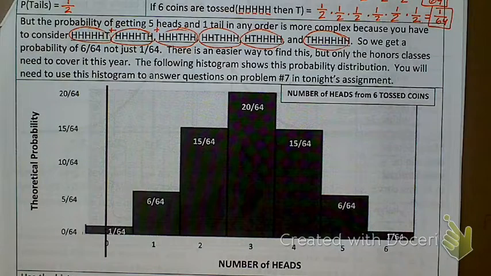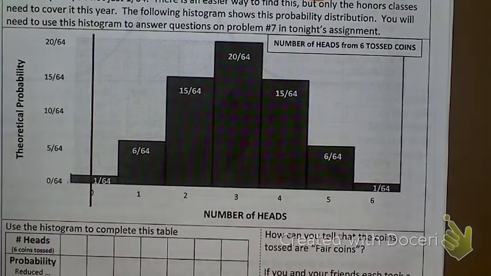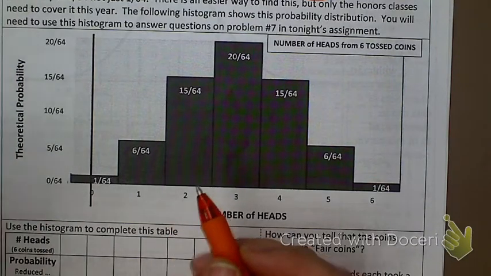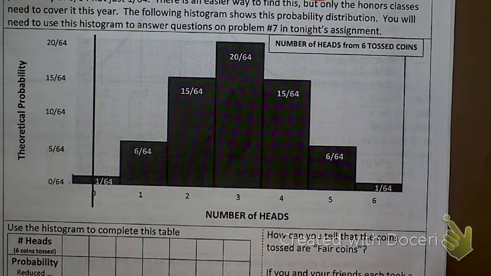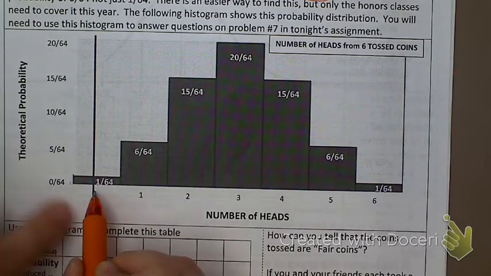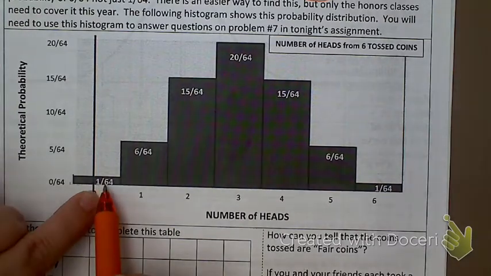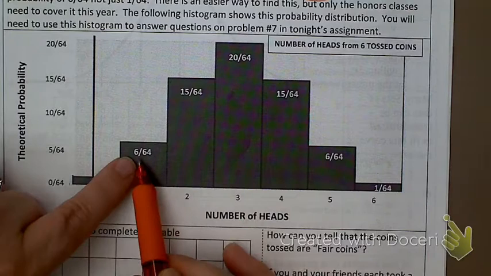The probability distribution has already been done for you. What this probability distribution shows me, and this is all theoretical probability, not an actual experiment, is that if you were to flip 6 coins, the probability that 0 of them are heads, meaning they're all tails, is 1 out of 64. The probability that of the 6 coins, one is a head and the 5 others are tails, is 6 out of 64.